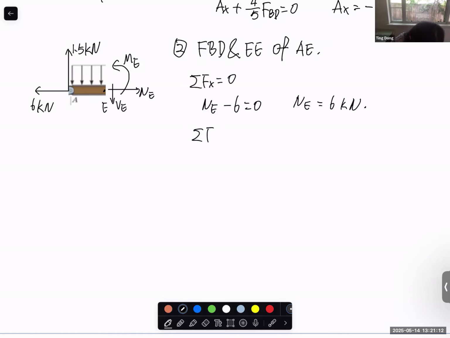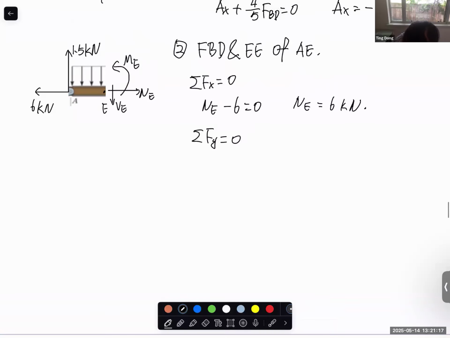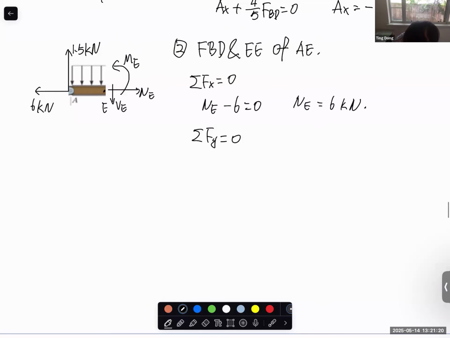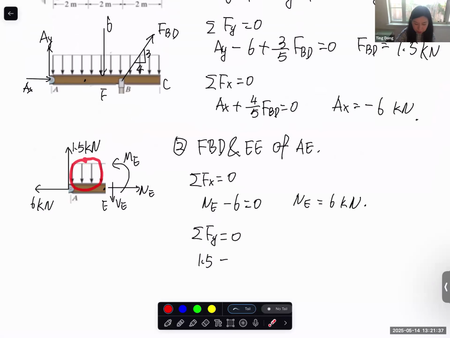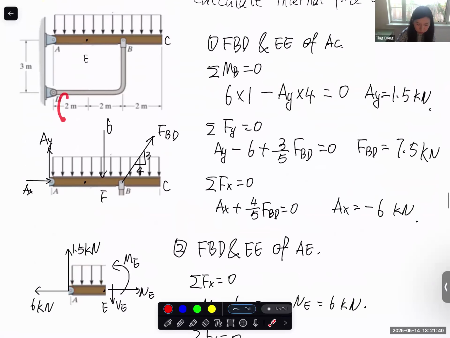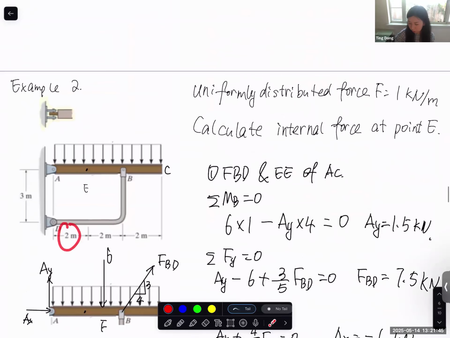Second, force in Y equal to 0. We have 1.5 upward. We also have the equivalent concentrated force of this one. Be careful, don't get confused. AE equal to 2 meters. So the equivalent concentrated force should be 1 times 2. 1 kilonewton per meter times 2 meter.